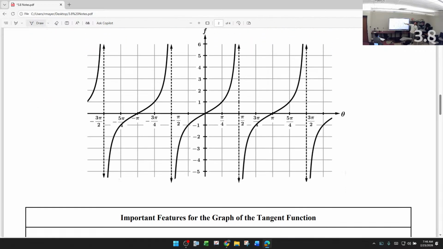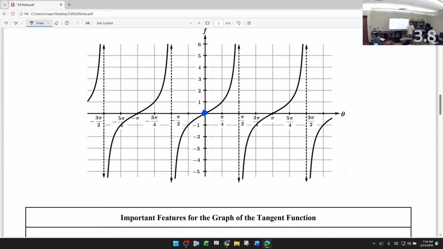This is what tangent looks like. Again, I'm going to focus on three major points: asymptotes, zeros, and ones and negative ones. At zero, this is probably the biggest thing you need to know.